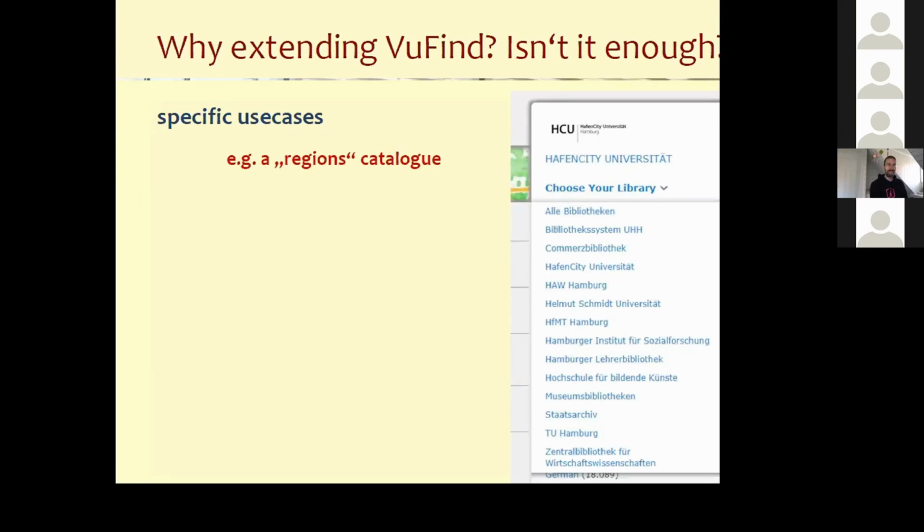So we have a quite complex structure of scientific libraries here in Hamburg. And in order to get this presented in the catalog in a proper way, and to present the CI of the respective different libraries as well, we had to develop some extensions for VuFind.